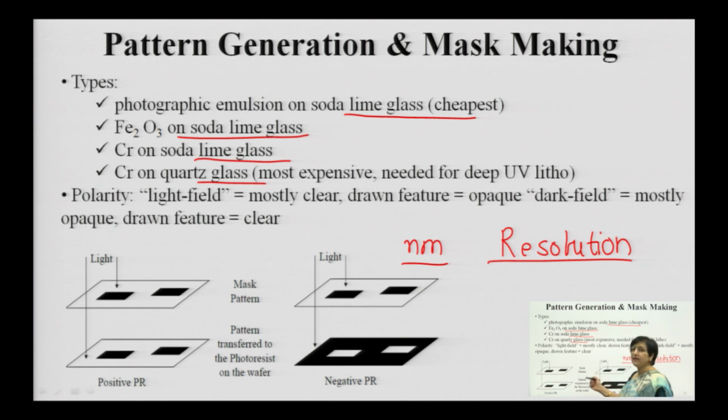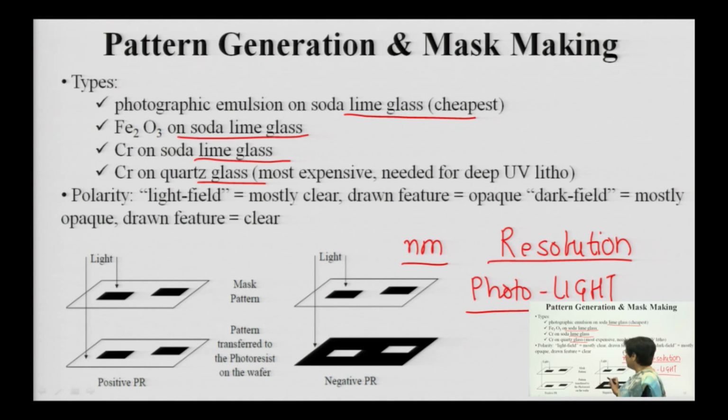So, the mask plays a very important role in the photolithographic process, because when light is used to write the pattern onto the wafer, these masks are very handy, because they give you the exact ability to transfer the pattern onto the wafer.